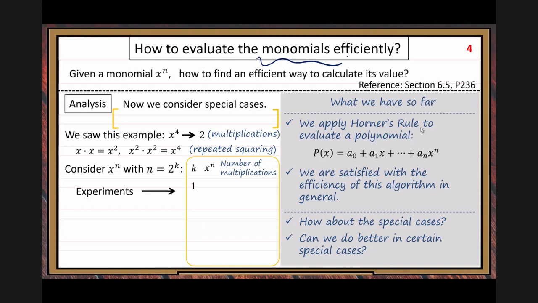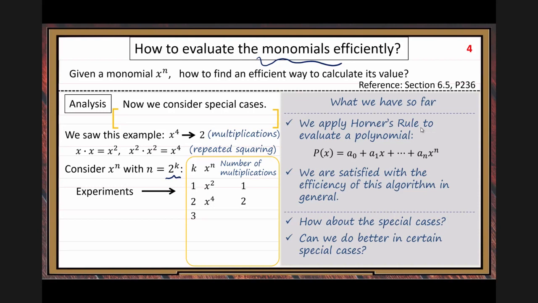When k equals 1, x to the 2 to the first, because k equals 1, n equals 2. 2 to the first. 1 multiplication. Simple. When k equals 2, we just did it. X to the fourth, 2 squared, right? So the number of multiplications we need is 2.